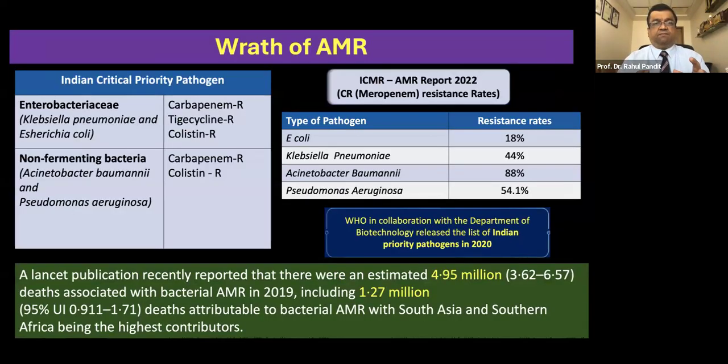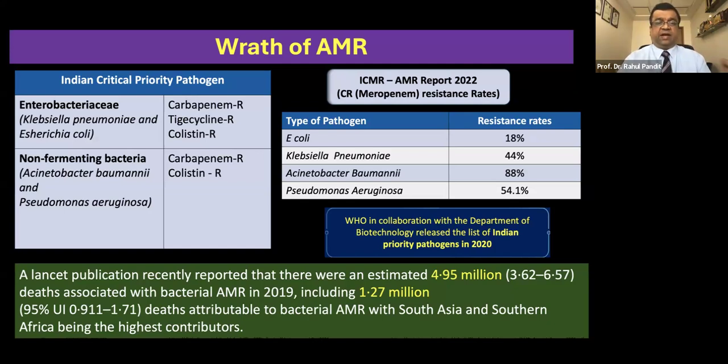Now, what is really the spectrum? What is the extent of this antimicrobial resistance that we are seeing? If you look at the critical priority pathogen list for India, we've got these 4 or 5 pathogens which have been listed. We've got the Enterobacteriaceae group, Klebsiella and E. coli, and the pattern we are seeing in resistance is carbapenem resistance, tigecycline resistance, as well as colistin resistance.